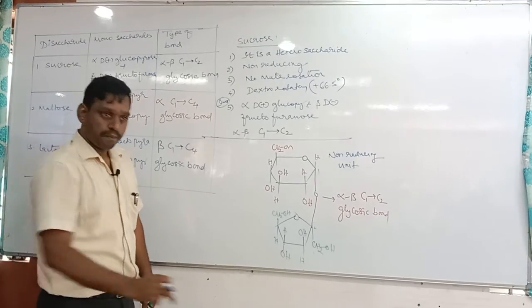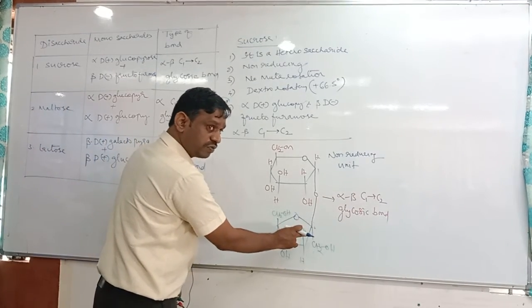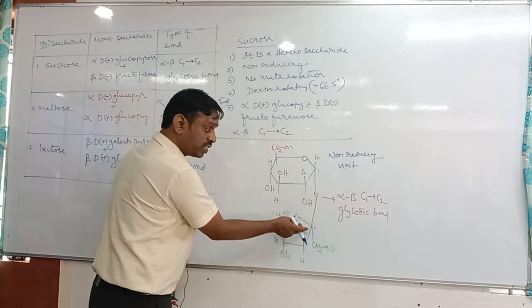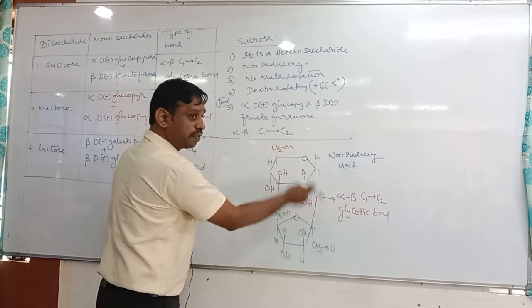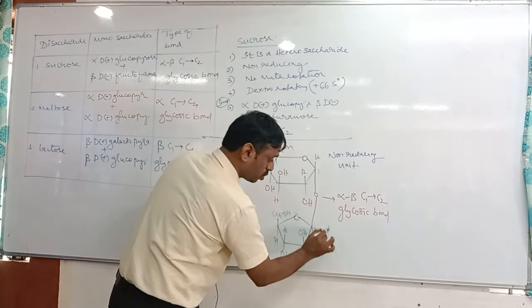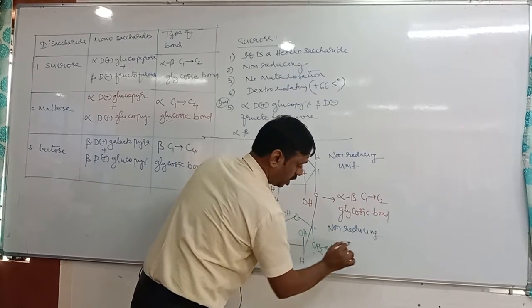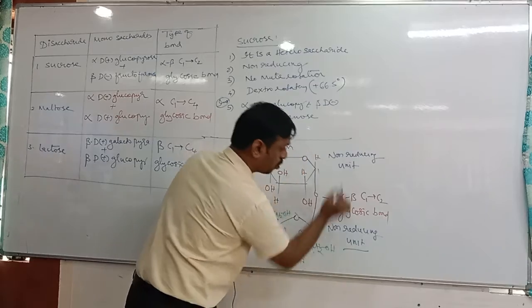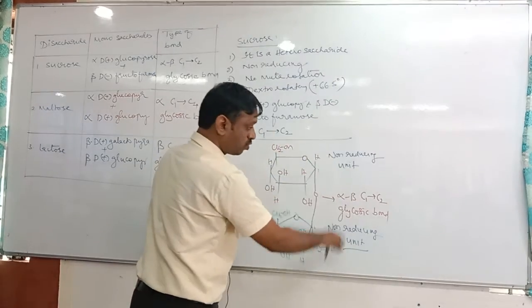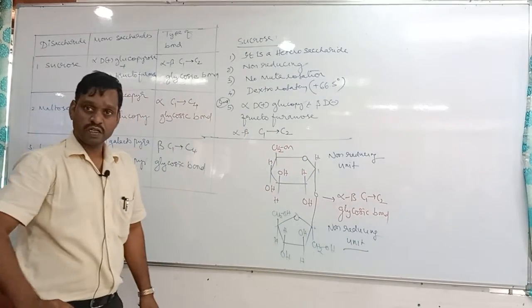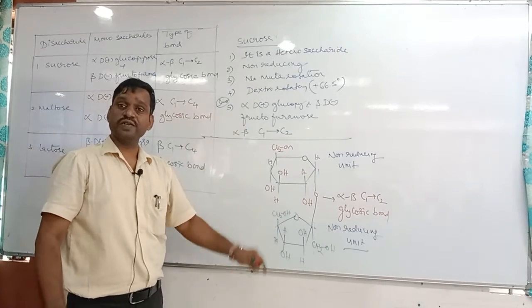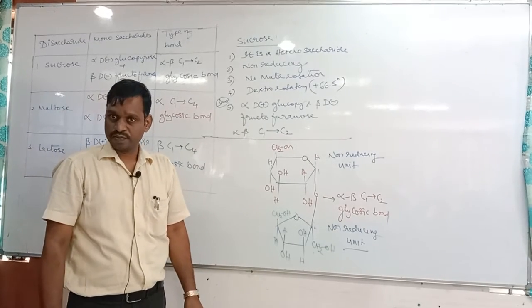But is a free keto group here now? No, that keto group is involved in the glycosidic bond. Therefore, this is also a non-reducing unit. It means in sucrose, both glucose and fructose are non-reducing units. Since both are non-reducing units, it is a non-reducing sugar.